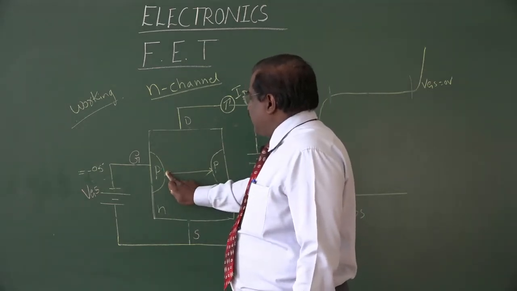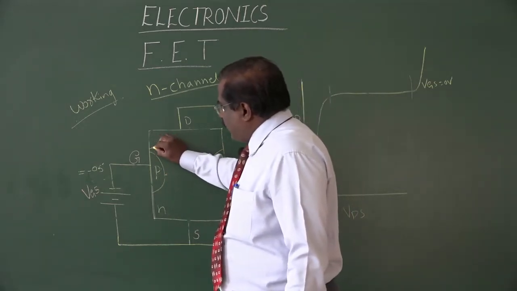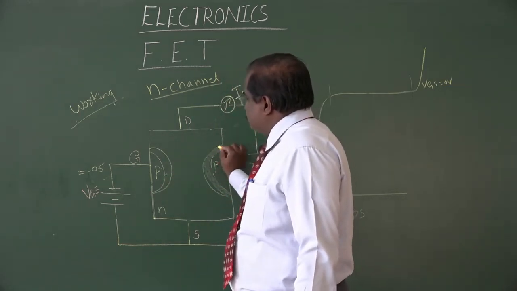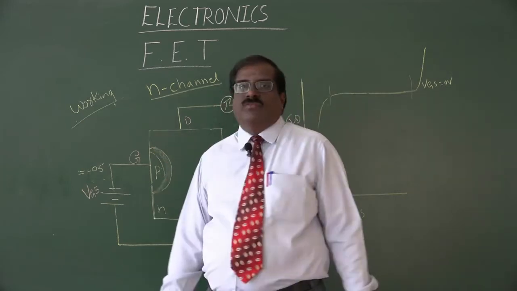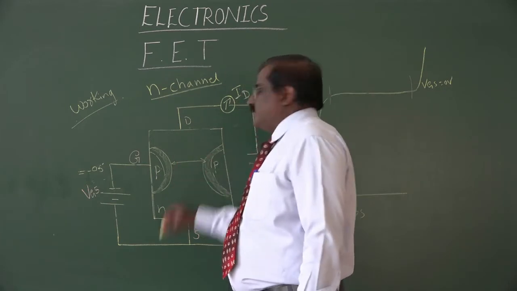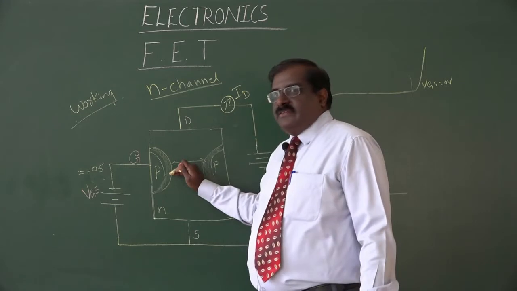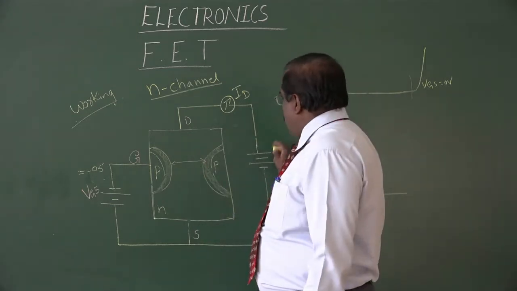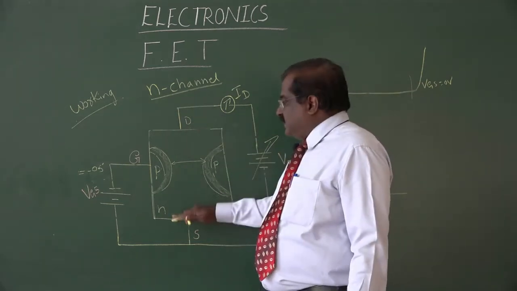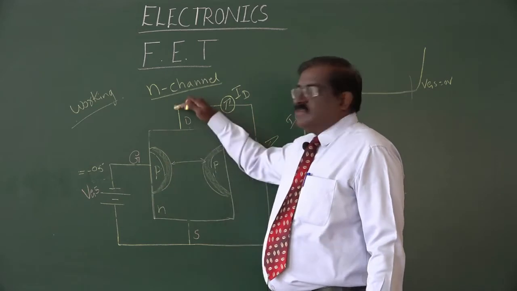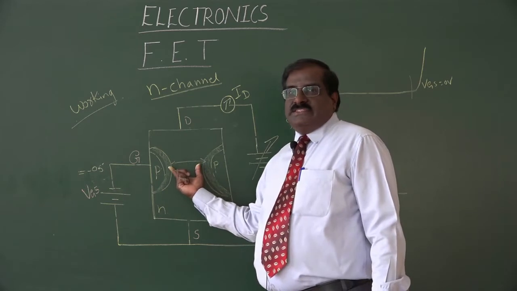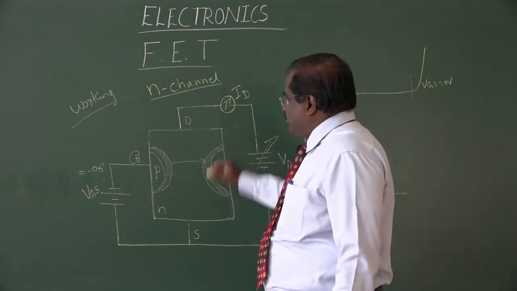On both sides there will be a formation of depletion region, and the channel width decreases. Once the channel width decreases, whatever voltage you vary in VDS from source to drain, the majority charge carriers flowing from this end to this end slightly decrease, because the depletion region has increased.